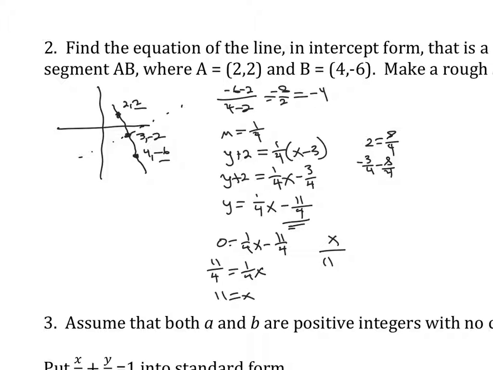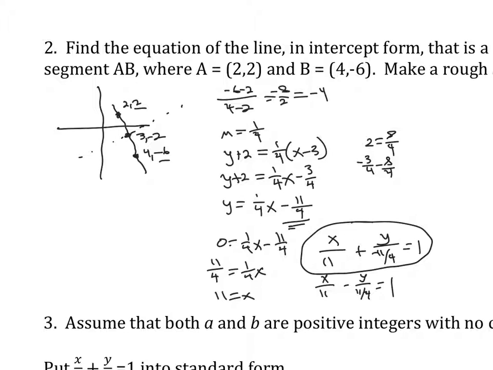So I could write it like this: x over 11 plus y over negative 11/4 is equal to 1. Or I could write it x over 11 minus y over 11/4 is equal to 1. So either one. This one keeps the information more compartmentalized because we have our x-intercept as 11 and our y-intercept as negative 11/4.